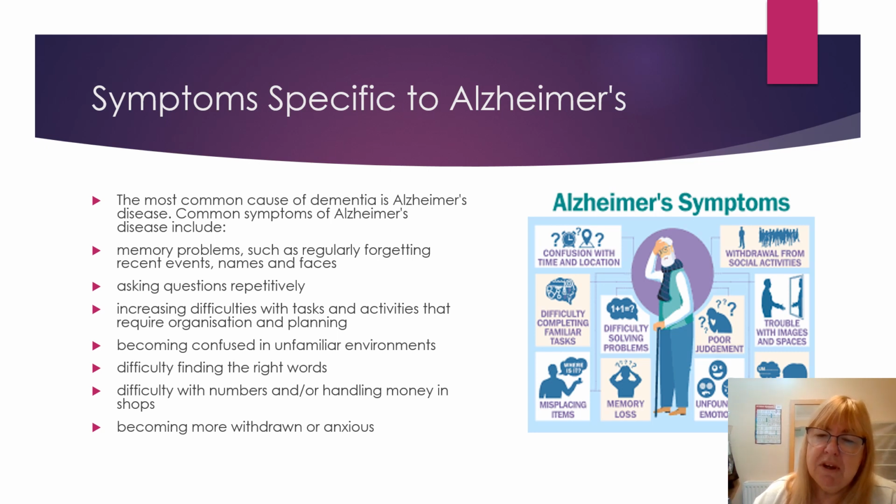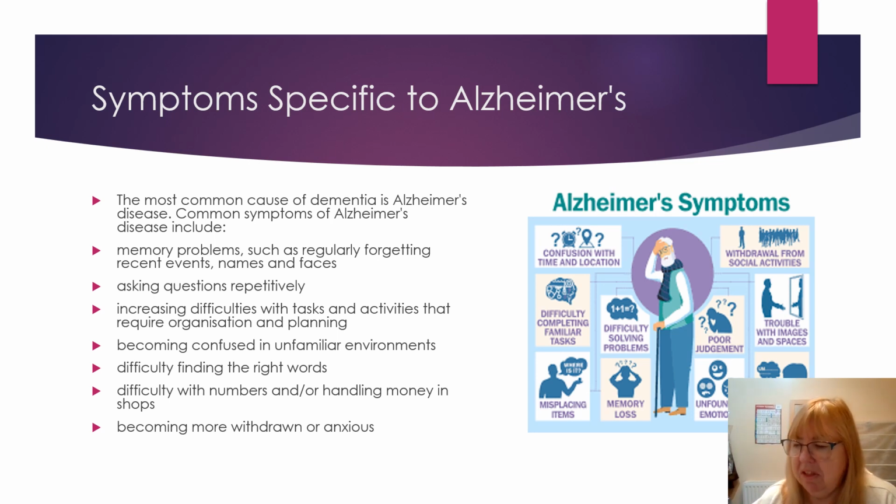If you take them to a strange environment, they might get confused or a bit distressed sometimes, if they're maybe out of their home. Difficulty finding the right words to say. They know the word, but they just can't pull it out. The same sort of difficulty with numbers.